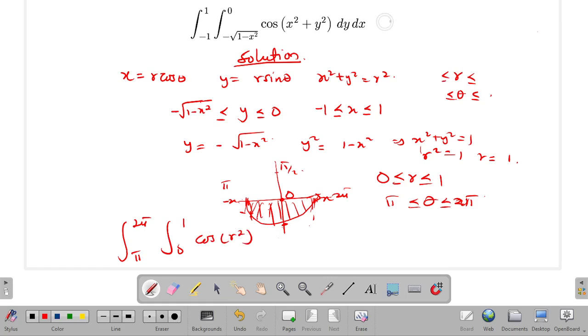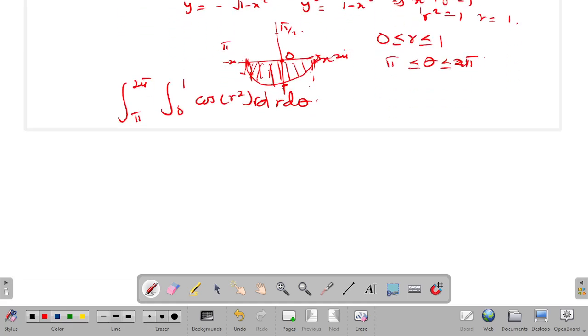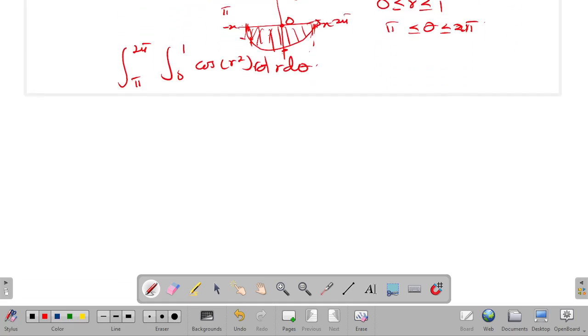Then you introduce your change of variables: dA for a polar region is always r dr d theta. In rewriting, I have the integral from pi to 2 pi, integral from 0 to 1, r cosine of r squared dr d theta.